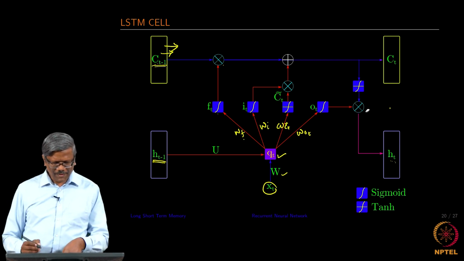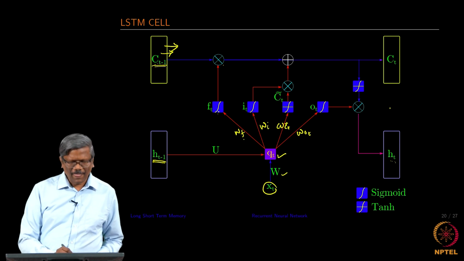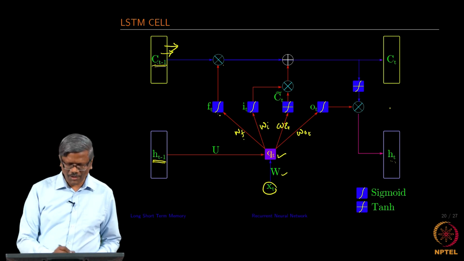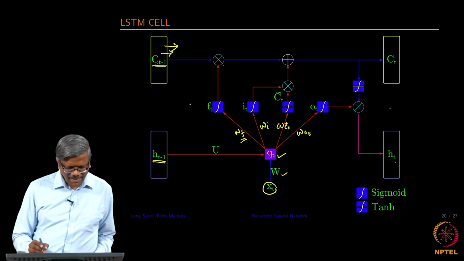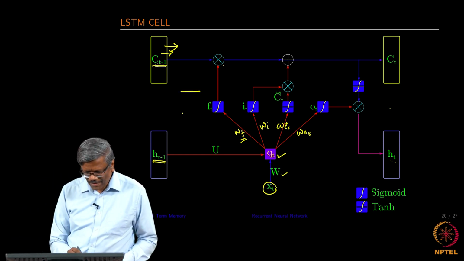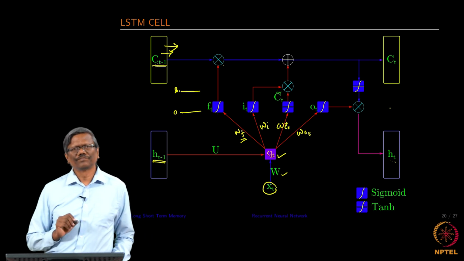So, when we compute the first QT, we now have to compute the FT. What is FT? It is a sigmoidal function. So, when you do the dot product of QT and WF, you are going to be making the values stay between 0 and 1, correct.